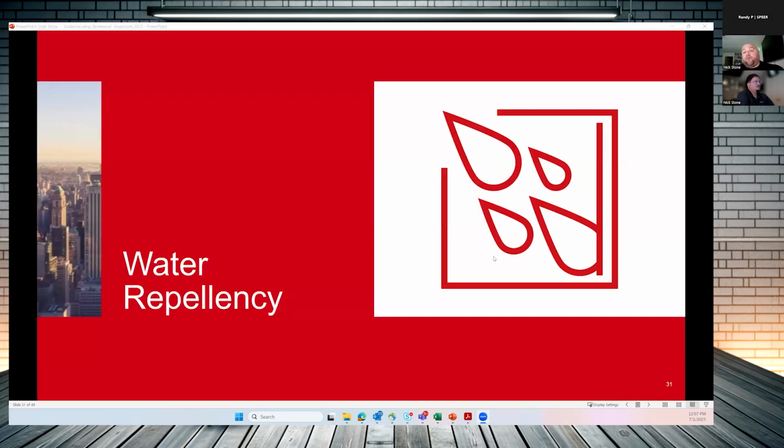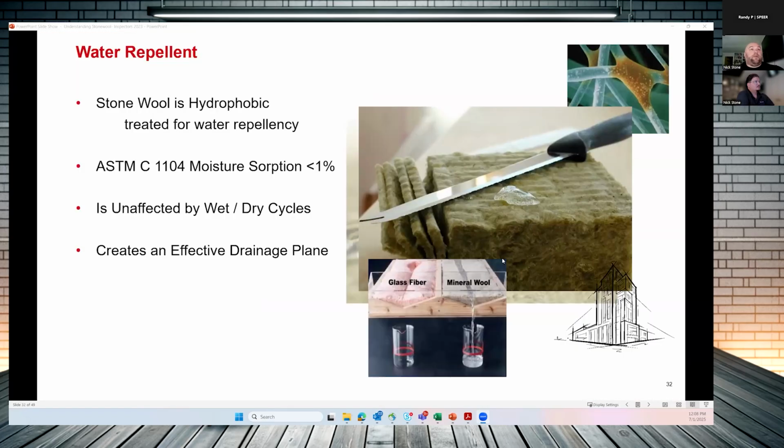Now, moving into water repellency, this is personally my favorite. I think water repellency is really what separates our product from a lot of the other competitors that are out there. Stone wool is hydrophobic, so it's treated for water repellency. Again, that mineral oil-based binder resists water from getting in.